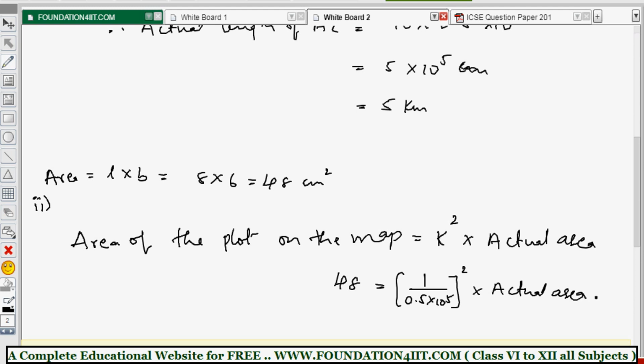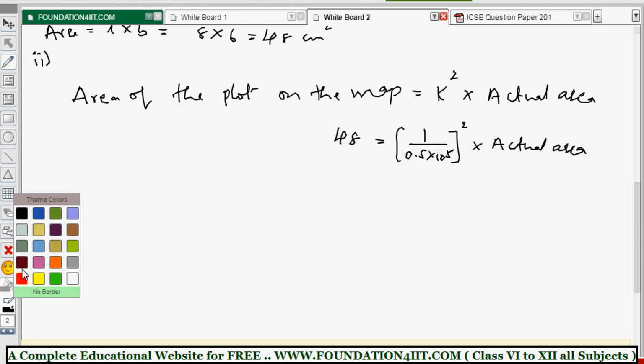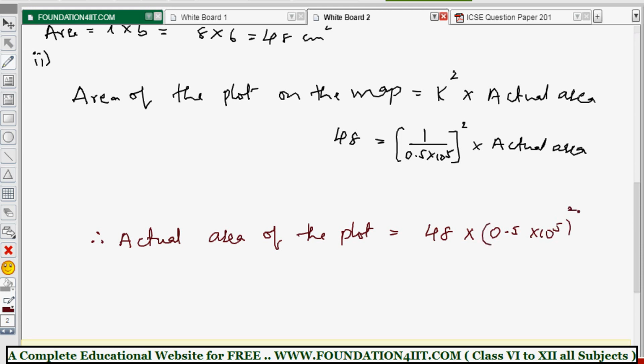Okay, if we simplify this, you will get the actual area of the plot. So therefore, the actual area of the plot is 48 into 0.5 into 10 power 5, whole square. We will apply this.